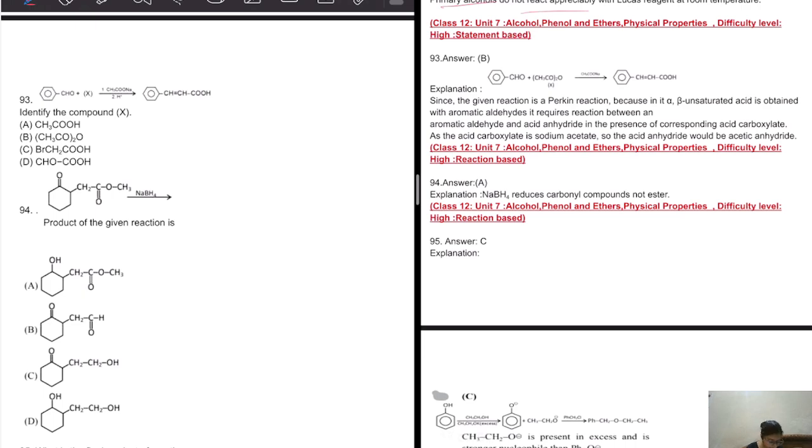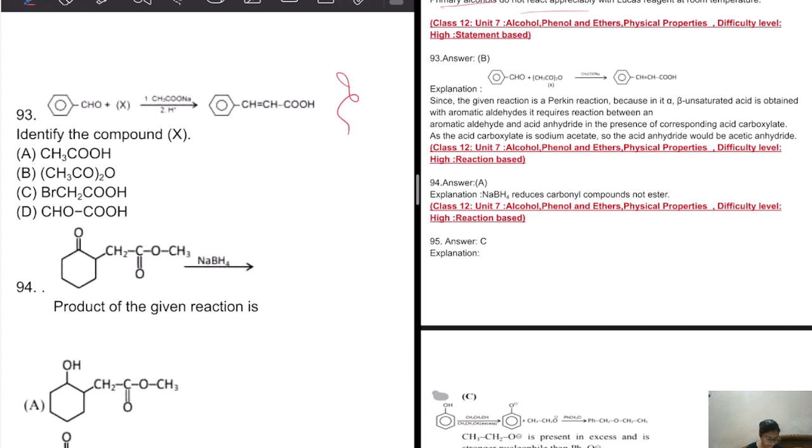This is the reaction given to us, and we have to identify the compound. This is a Perkin reaction, okay? In this we have an alpha beta unsaturated acid obtained. This is an alpha beta unsaturated acid, okay?